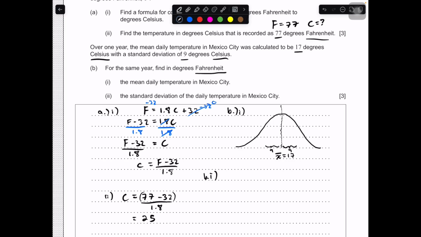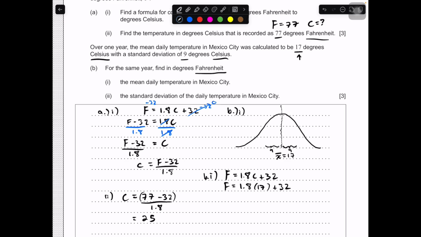In this case, our formula is F equals 1.8 C plus 32. If we know that C is equal to 17, we just need to find Fahrenheit, so we can plug in a value of 17 into our formula to convert Celsius to Fahrenheit. So I'm going to work that out.